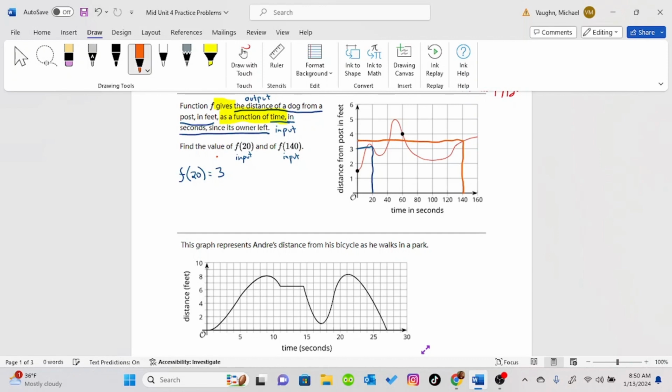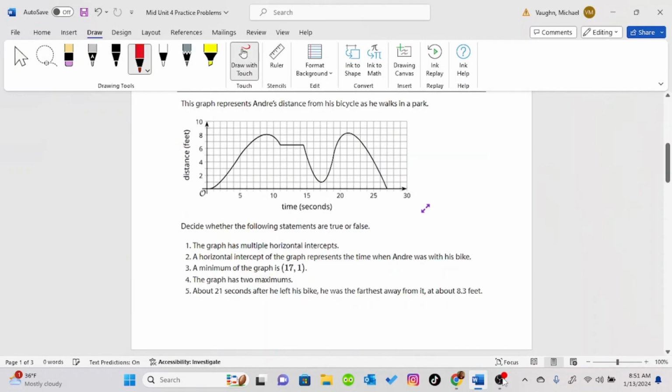And we can see that y value is approximately 3.5. So f of 140 seconds equals approximately 3.5 feet. And this is how we would find the value of a function at a given input.